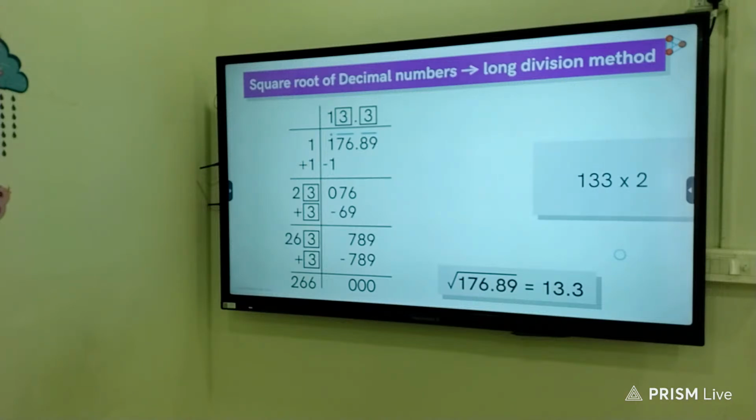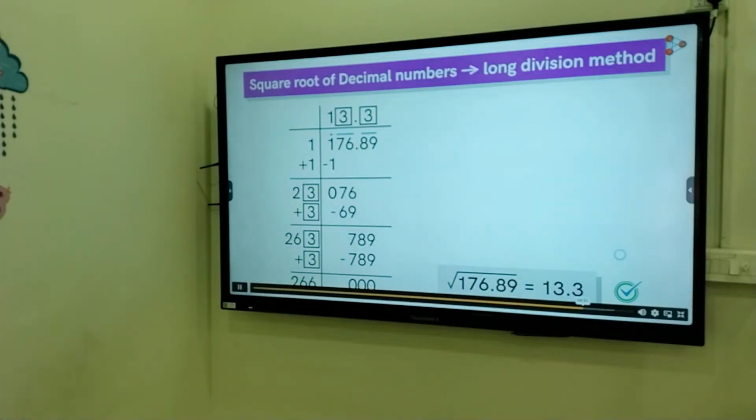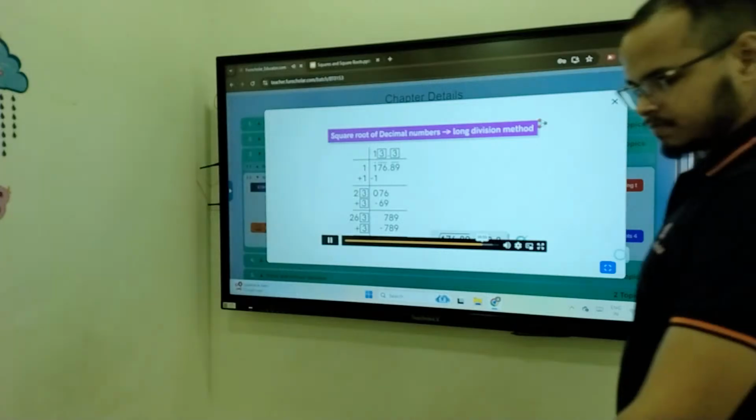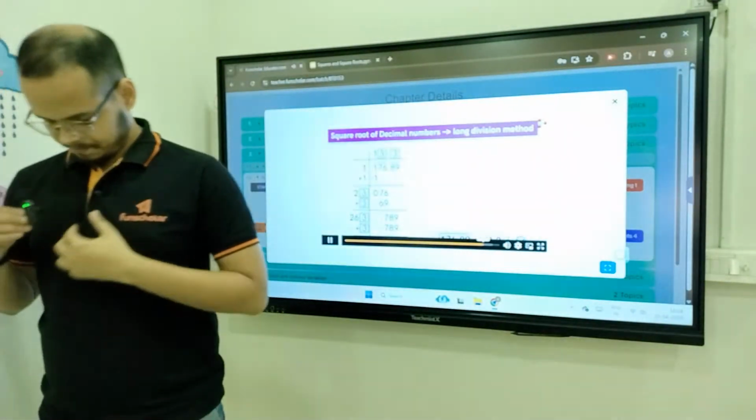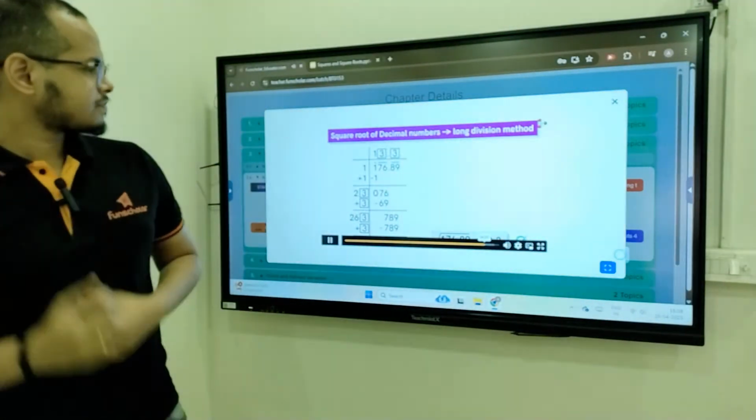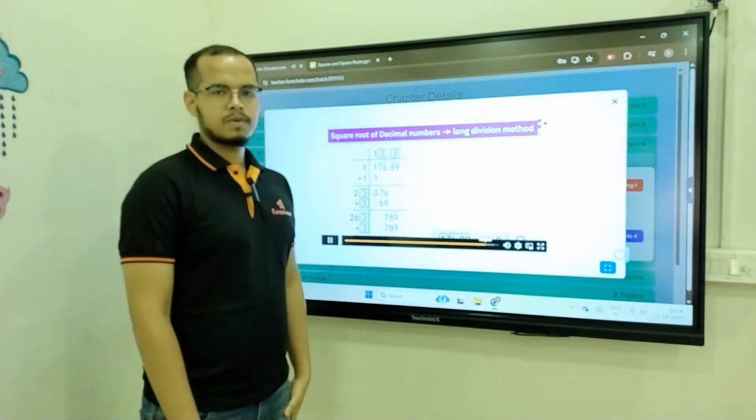Here, 133 multiplied by 2 is 266. So we can finally say that the square root of 176.89 is 13.3. And that's how we find the square root of a decimal number using long division method.